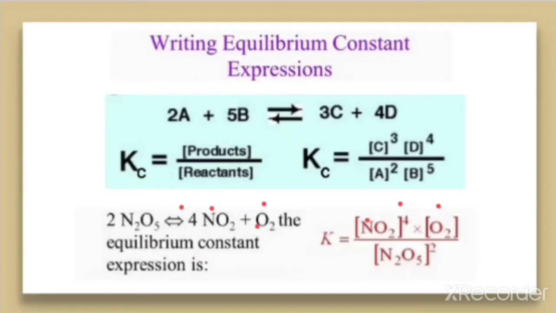Therefore the power would be 1, but it is not necessary to mention the power when it is 1. Then divided by the concentration of the reactant, N2O5, with power 2. So that is the equilibrium constant expression for this reaction.